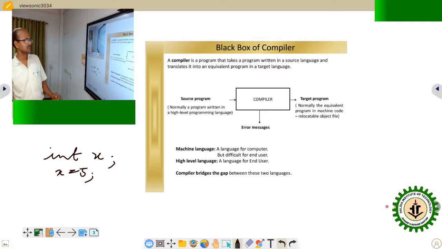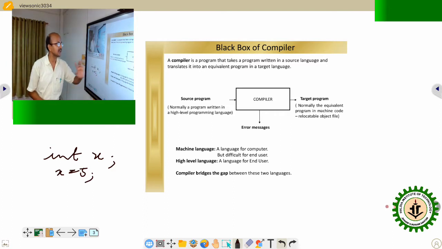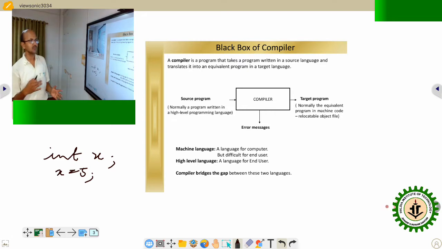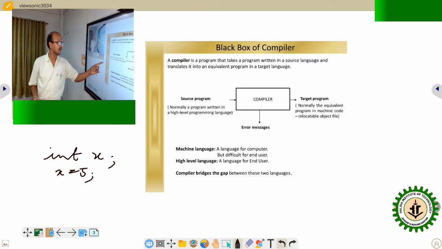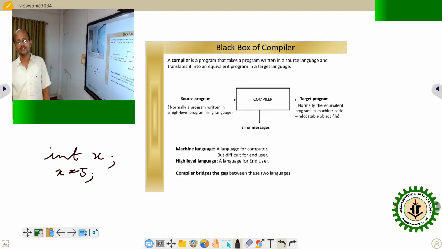So the compiler basically plays the role of a mediator between the machine language and the high level language. Okay. So what is the input and output here? The compiler has as input whatever is written in the high level language, and the output is the target program, meaning the program written in the machine code, the language recognized by the machine.